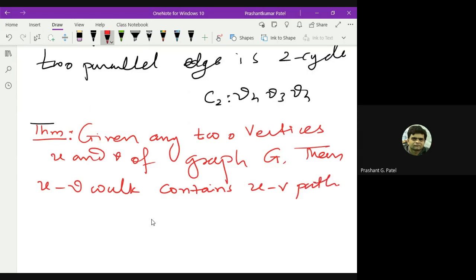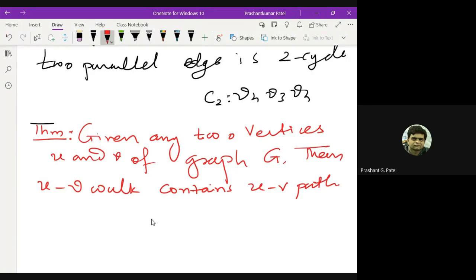It's understood what the definition of a path is.